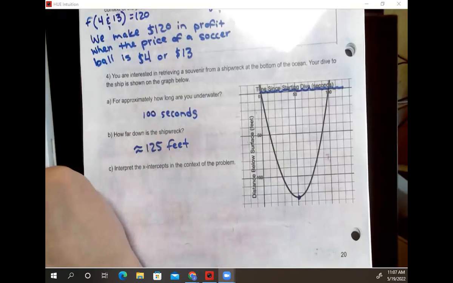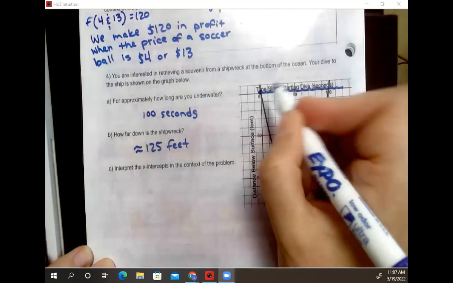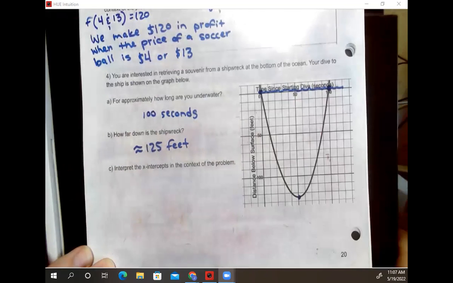What do the x-intercepts represent in the context of the problem? I know they're at 0 and 100. Go down and then come back to the surface. Yeah, the start and end of my dive. Those x-intercepts are where I'm breaking the water, right? When I go under the water and when I come back up.